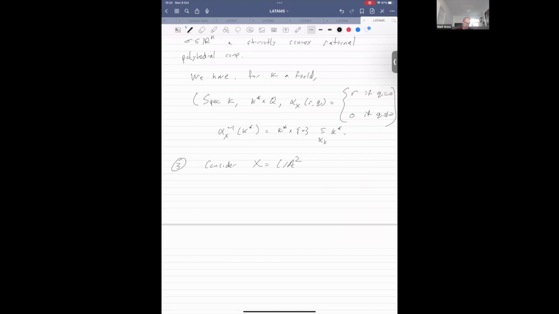So I'm going to take A2. So this has coordinates, say, x and y. And I will take the divisor D to be the zero locus of x times y. So D just looks like the two coordinate lines inside the affine plane. And this gives me the log scheme.